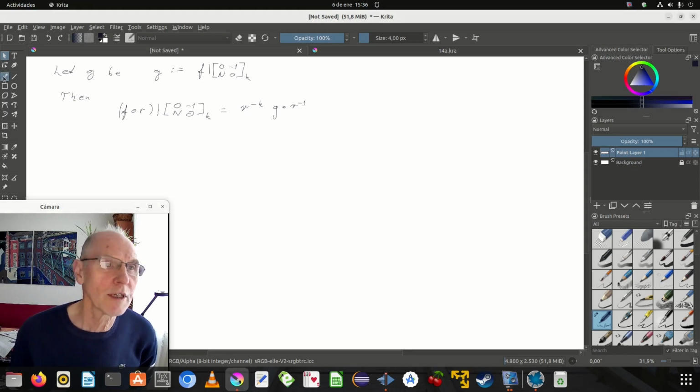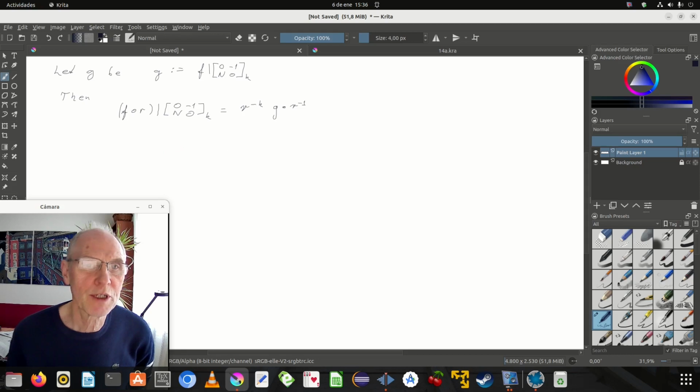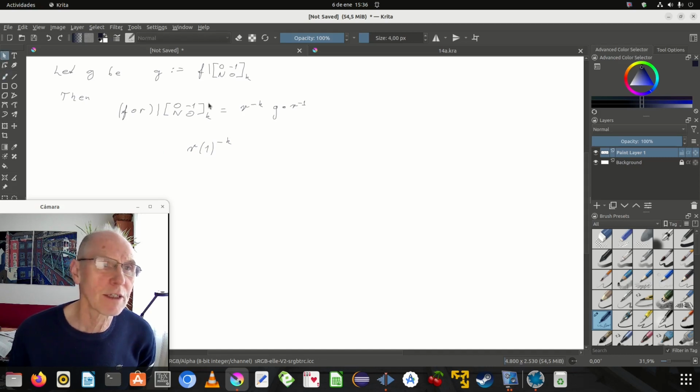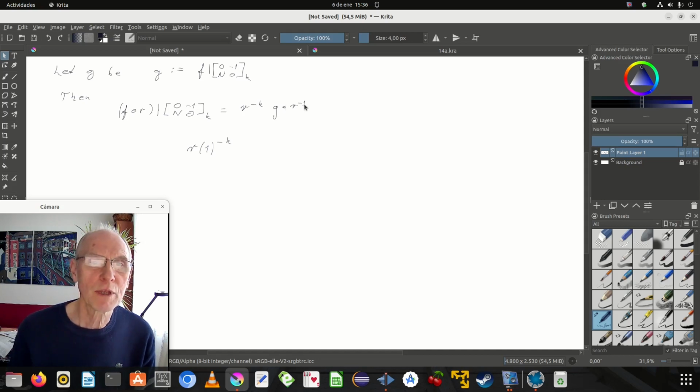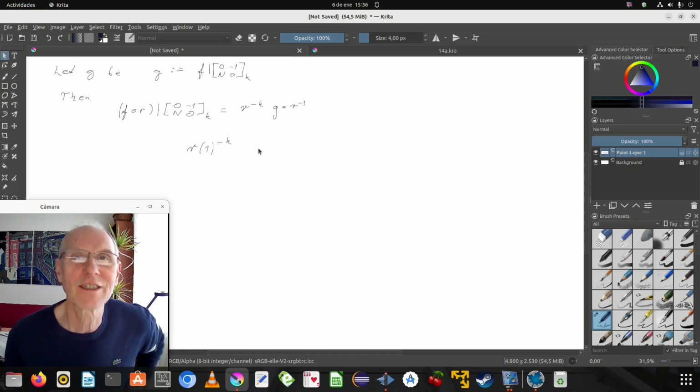So if you really wanted to distinguish between numbers and functions, then you might write r of unity to minus kth. But I don't think that should be necessary. And then times g composed with r, with the reciprocal of r or the inverse of r, however you like to see it. So it's a straightforward computation. We've done it many times, really, but I just wanted to show the general result, so that we don't have to do the particulars another time.